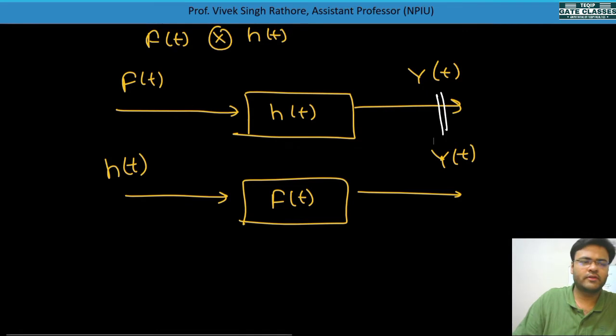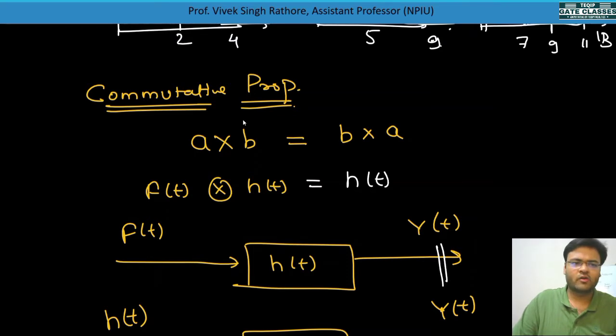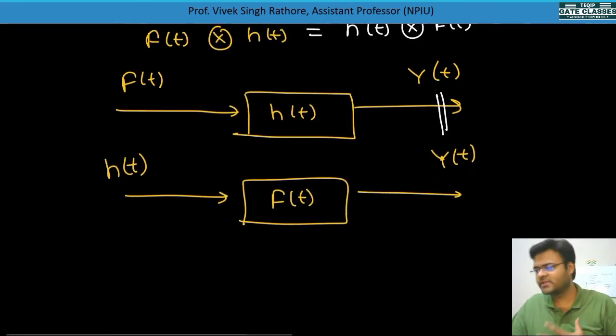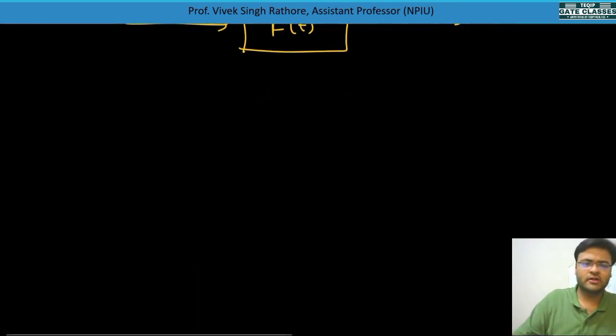Whether you are doing f of t convolution with h of t, or h of t convolution with f of t, the order may change, the value will remain the same. So there is no effect on the response of our LTI system even if the positions of input and impulse response are interchanged.